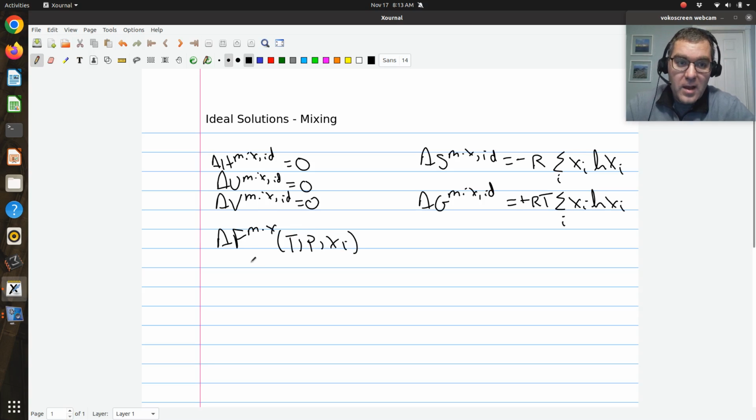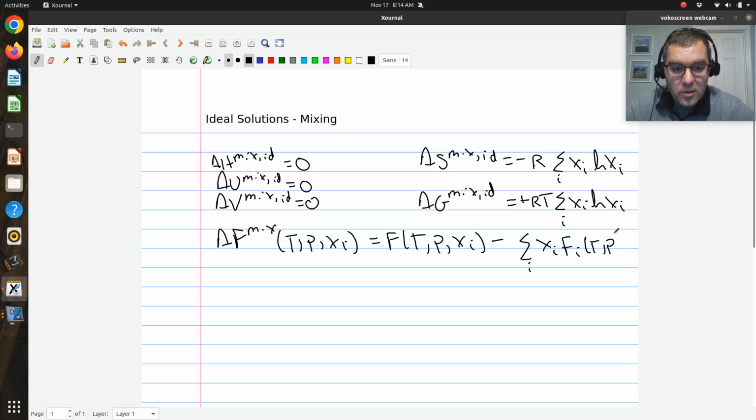Remember, F is any arbitrary thermodynamic state function, so H, U, V, S, G. So delta F of mixing at the temperature, pressure, and composition of my final solution is equal to the molar F of my final mixture minus the molar average of the pure component F's of those components that I mixed to form my final solution.